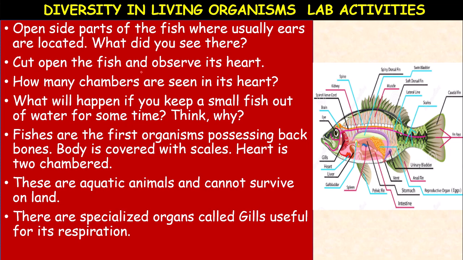So cut open the fish and open its heart portion. This is the heart. You will find only two chambers in the heart. Okay, and the fish heart is called a venous heart. Single circuit circulation is observed in the fishes.